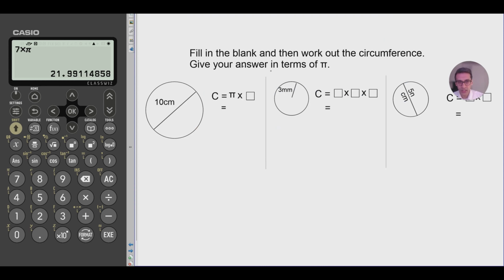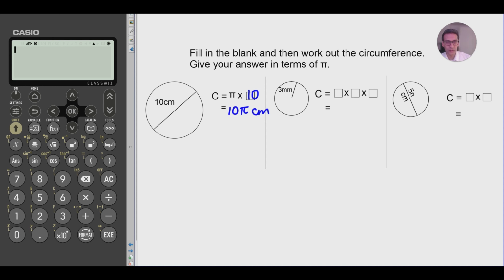Okay, so fill in the blanks, pause the video and try all of these questions here, and then I'm going to go through these. Okay, so first of all, we've got the diameter given to us, so pi times d, so that's pi times 10. So that's going to be 10 pi centimeters.